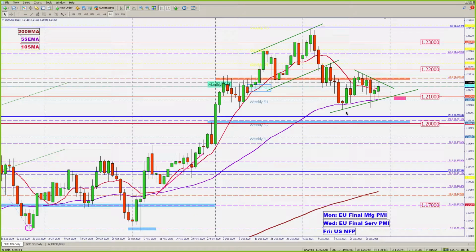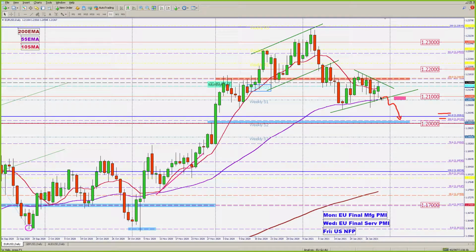So we'll see if this lower trend line holds at the daily 55 and the 1.21. If not, then we could see a breakdown towards the 1.20 round figure level. That's a major support with a couple of Fibonacci levels as well.